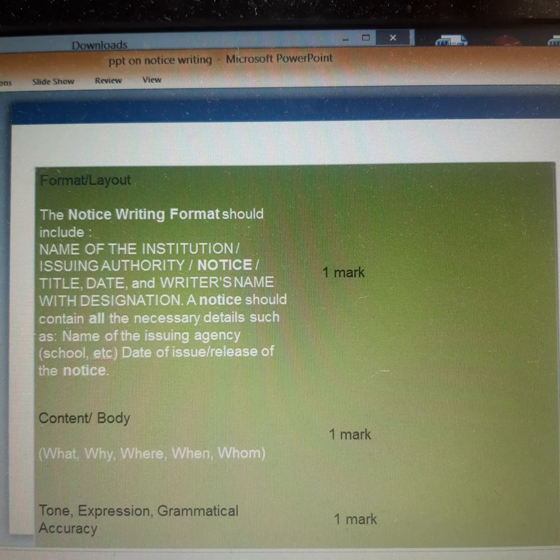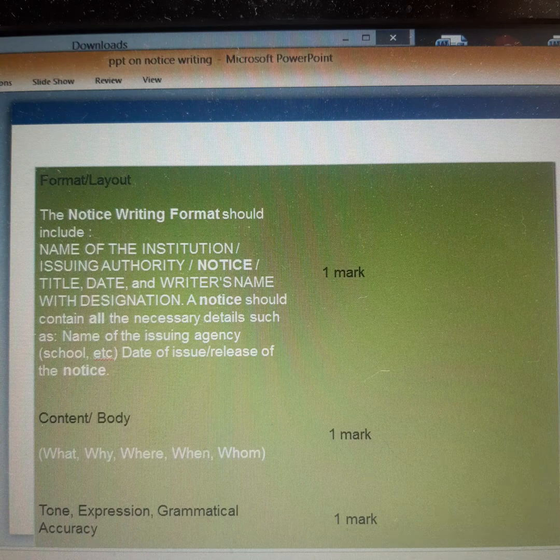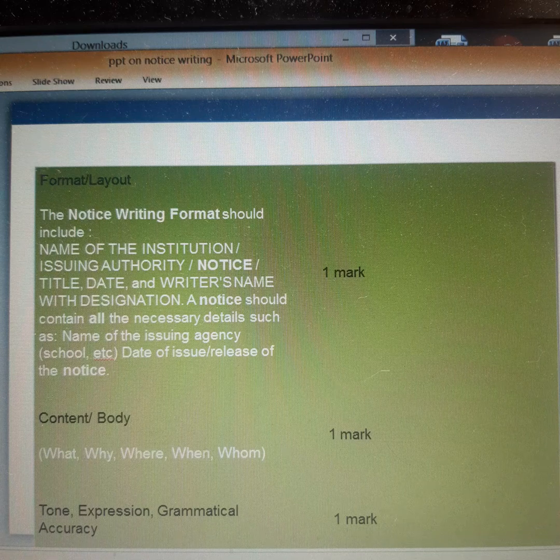First of all, we have to write the name of the institution. For example, if it is a musical concert being organized by ABC Public School, then the name of the institution is ABC Public School, Delhi. So you have to begin the notice with the name of the institution.